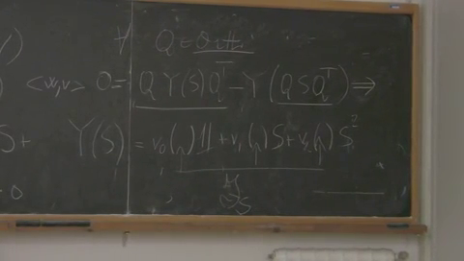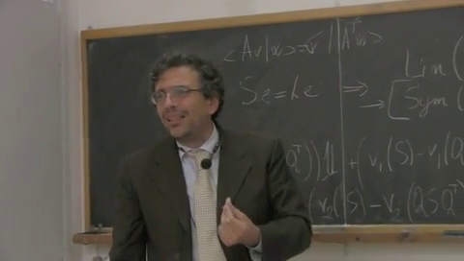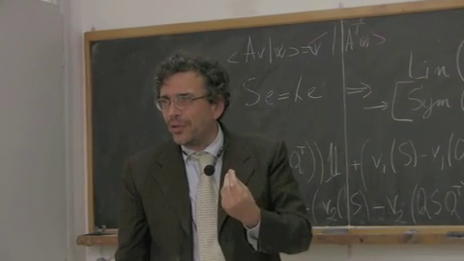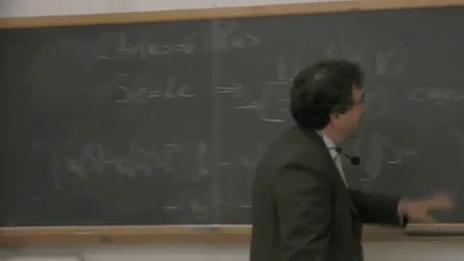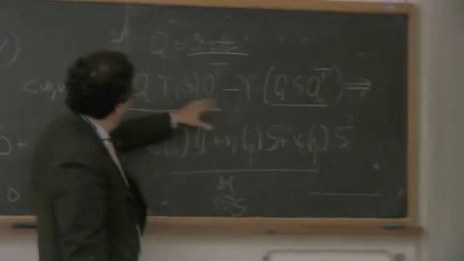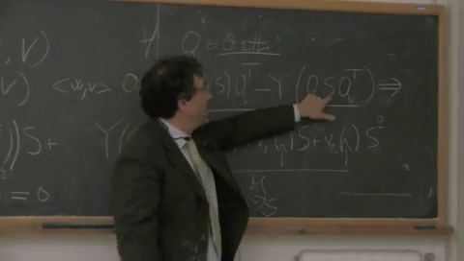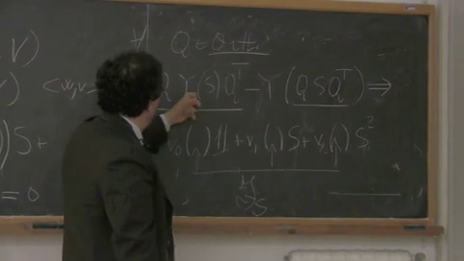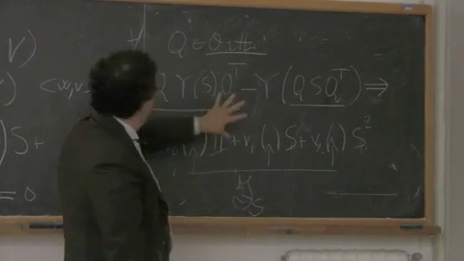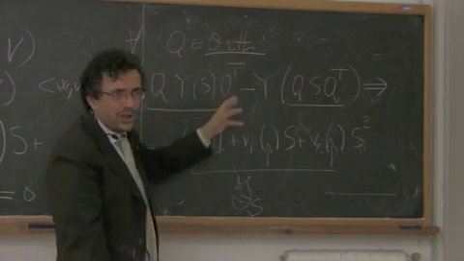Okay? So as I told you, you are familiar with level sets of functions. What you are saying is that Y of Q S Q transposed is close to Y of S once you transform the image somehow.